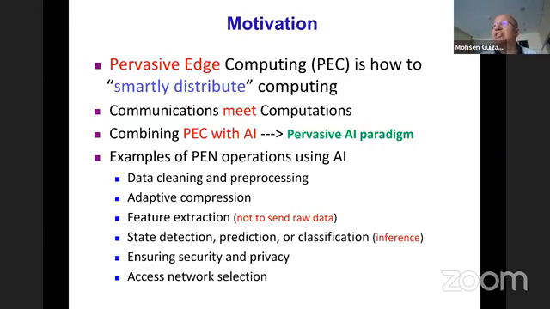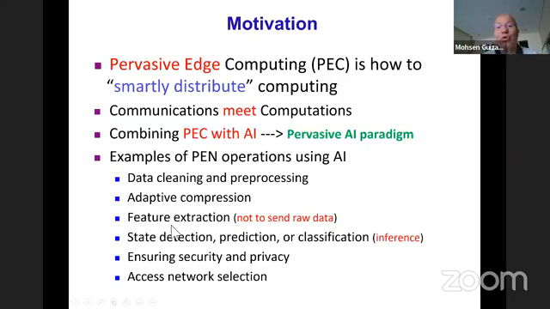If we have images, like what's happening in COVID-19, we are collecting images from the lungs or parts of the body and sending them. We have to make sure we compress those images so that we don't overload the network.